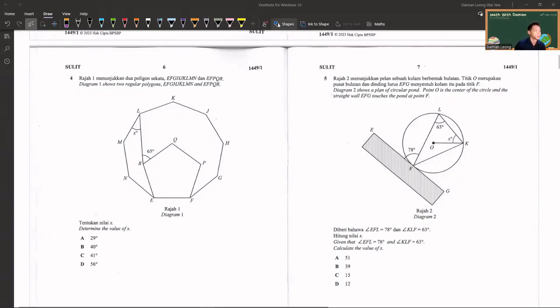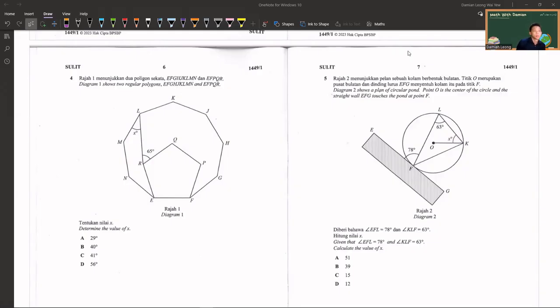So here we have regular polygons. Ini merupakan poligon sekata. So setiap nilai sudut, every angle is the same. Setiap nilai sudut dia merupakan ada nilai yang sama lah.